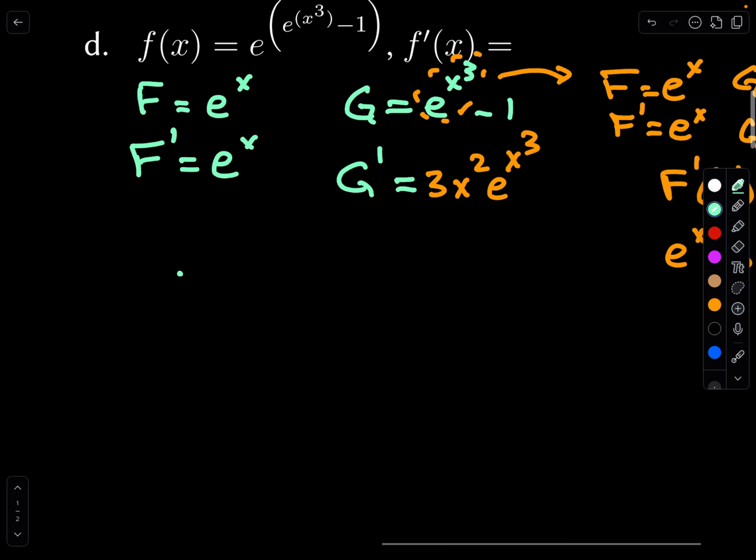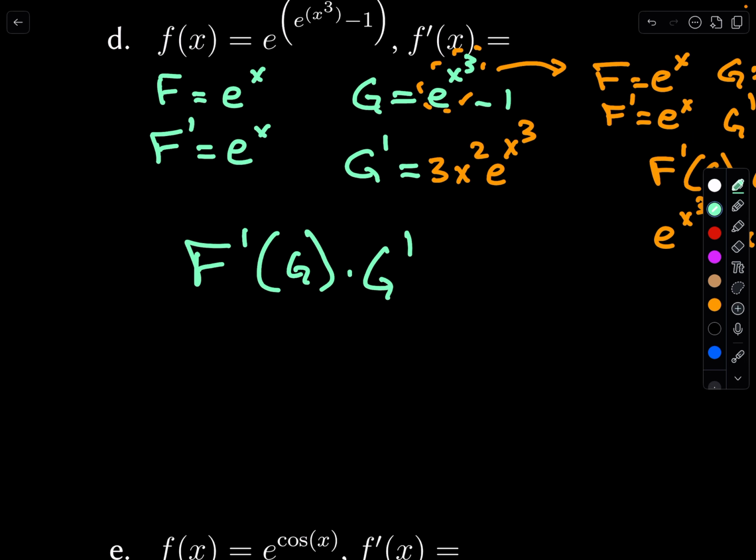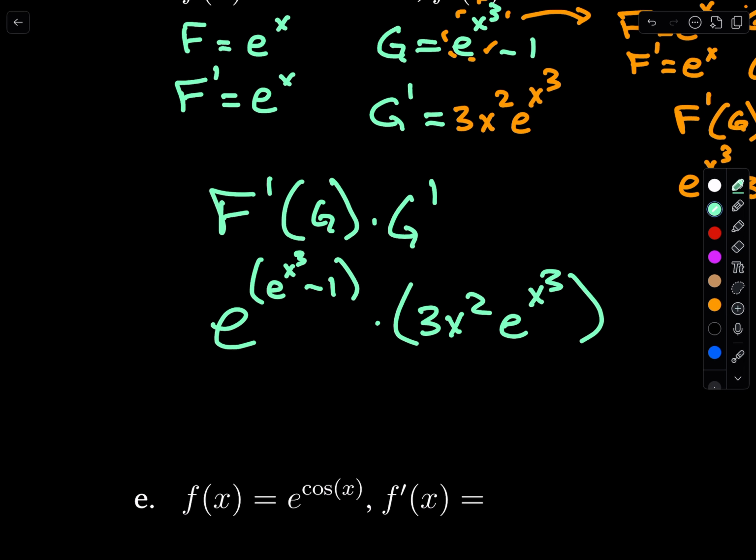And then now f prime evaluated at g times g prime is going to be e to the x cubed minus 1 times g prime 3x squared e to the x cubed. Undoubtedly, this could be cleaned up considerably. I'm just going to do this. 3x squared e to the x cubed e to the x cubed minus 1.